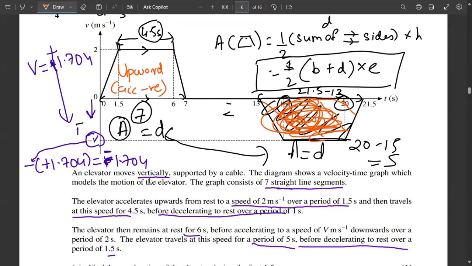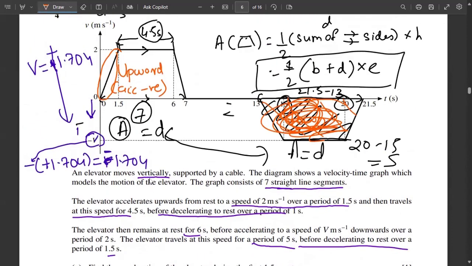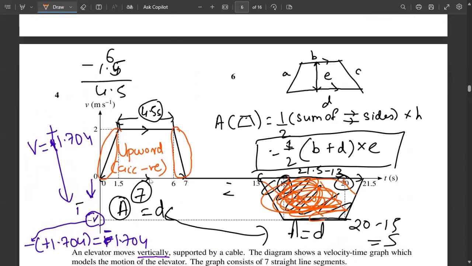Here we already found out the acceleration is positive: during the first 1.5 seconds, the acceleration was plus 1.33 meter per second square. So here the acceleration will be negative. This is the only part where acceleration can be negative. Why? Because here the acceleration will be 0, as speed is constant.